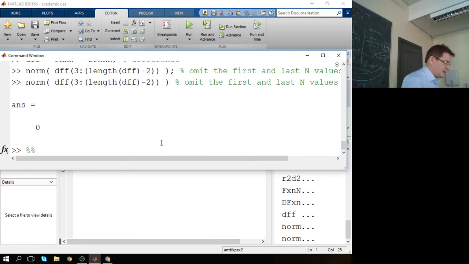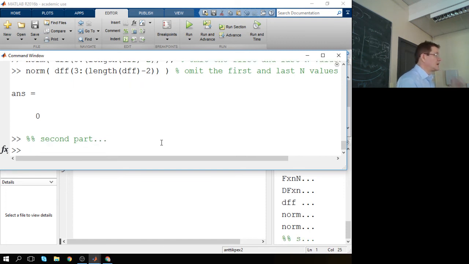So, second part. Traditionally, actually, I'll start the second part by making another kind of system. We'll start from the zeros and poles. Maybe. Should I? But that's quite confusing.